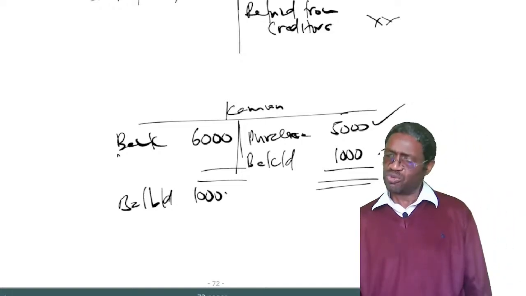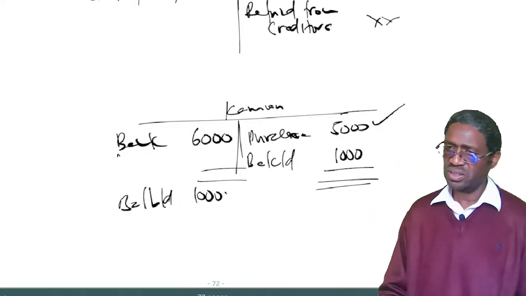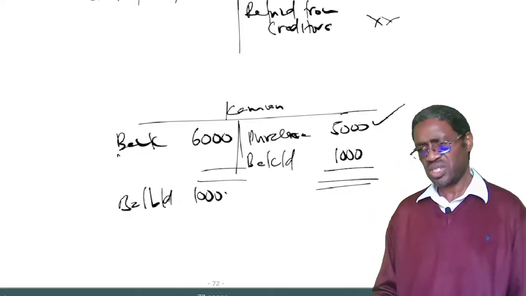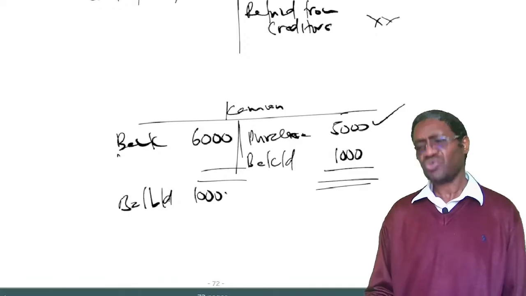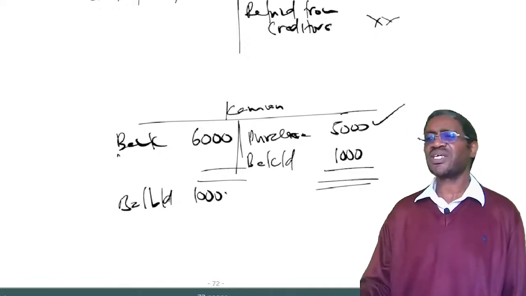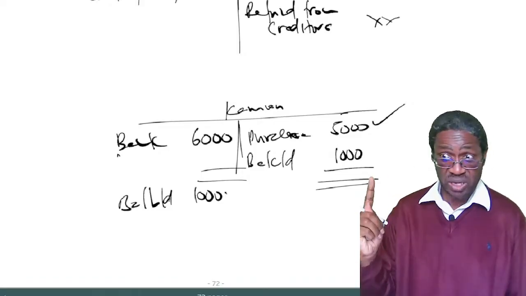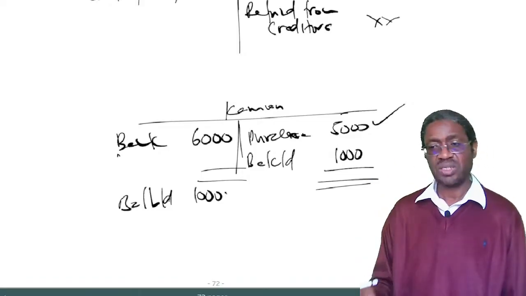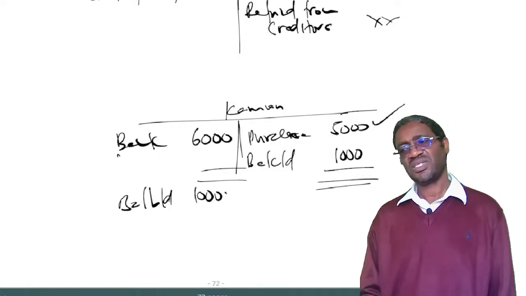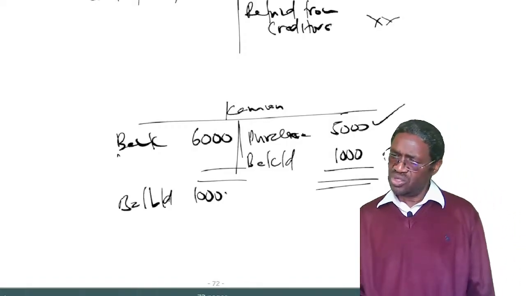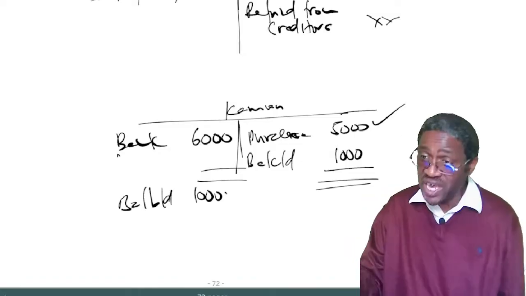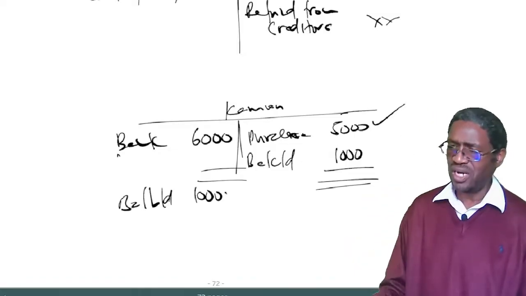We purchased goods from them worth 5,000, but we wrote to them a check of 6,000. So it's obvious that now Kamau owes us, not we owing them. Kamau owes us 1,000.